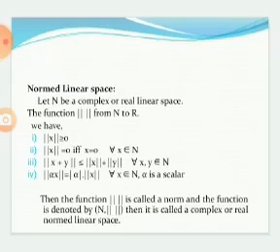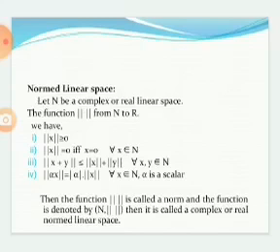If these four conditions are satisfied, then the function is called a normed linear space on a complex or real linear space. So again, let us discuss the definition. Let N be any complex or real linear space. For the function norm from N to R, we have norm x is greater than or equal to 0.